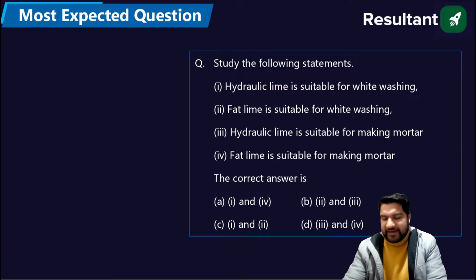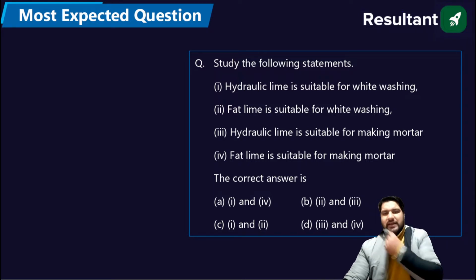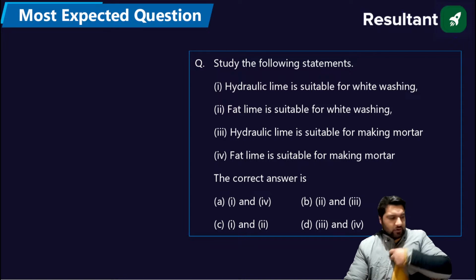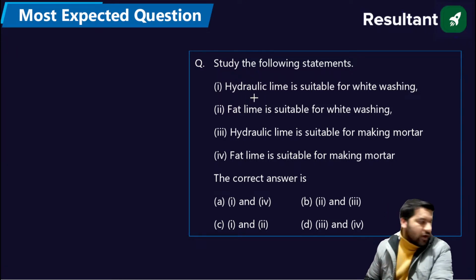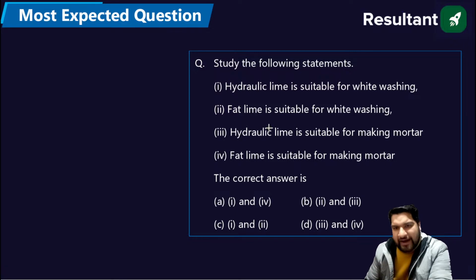Select the correct statement. Anyone in the chat section? Hydraulic lime is suitable for whitewashing. Fat lime is suitable for whitewashing. In the last class, we have discussed this. So fat lime is used for whitewashing.